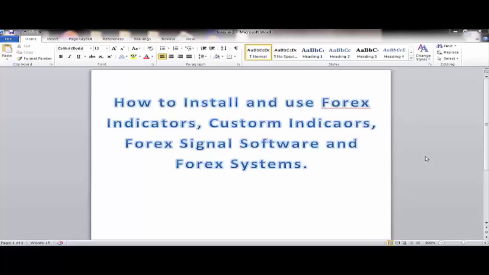Then custom indicators, these are the indicators that we added to the MT4 platform. Then we have signal software that always generates signals. Then we have Forex system, a guide that one will follow to trade Forex. So these four things we are going to be discussing in this guide.